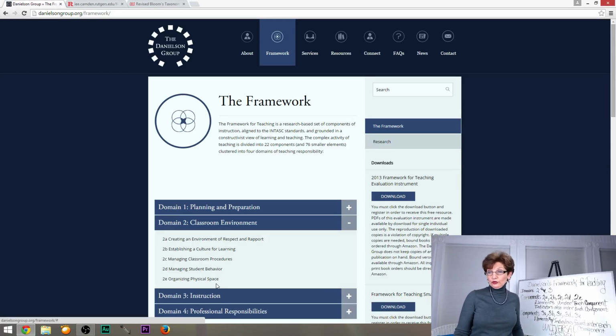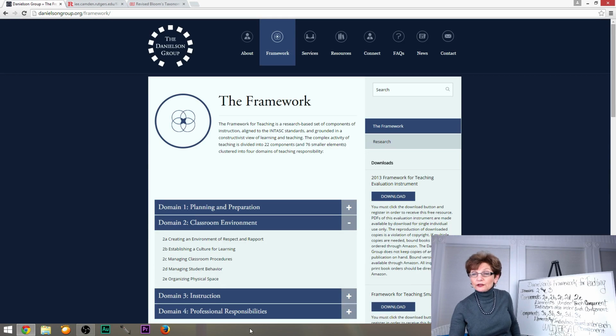In order to truly, and I'm going to come up on this for a minute, if I can get it. Okay, I'm having a little trouble with that. But in order to truly meet the components of 2A, 2B, 2C, 2D, and 2E, you must get to know them.